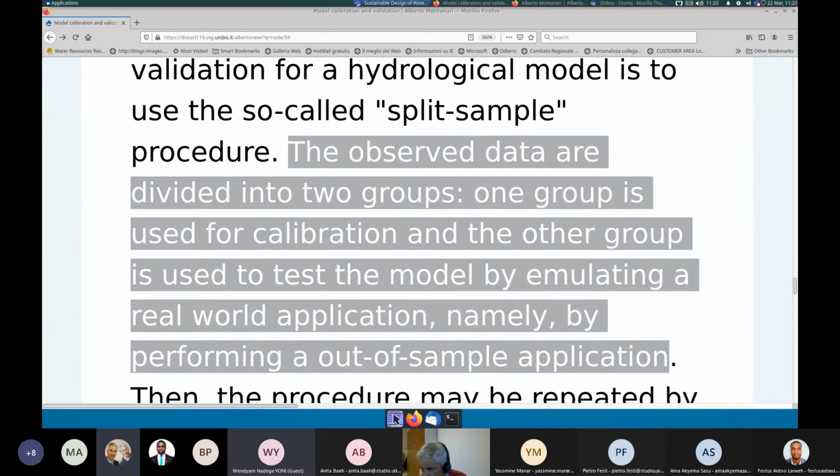Yeah? It's not really a question. If you can take back the process of validation for the hydrological model, the split sample procedure. Okay, you want me to explain it again.